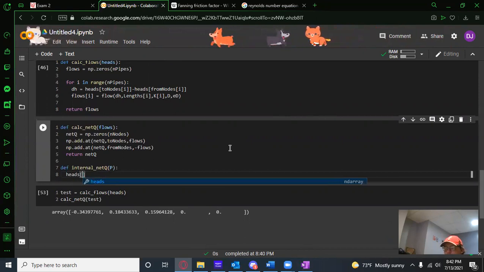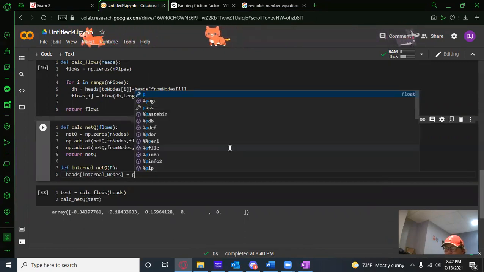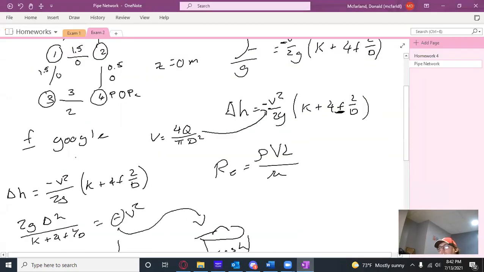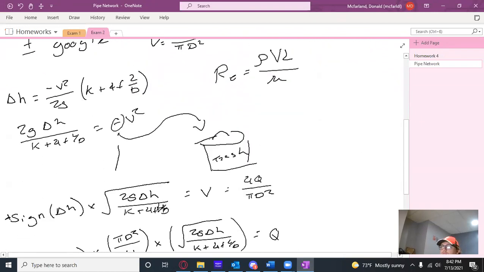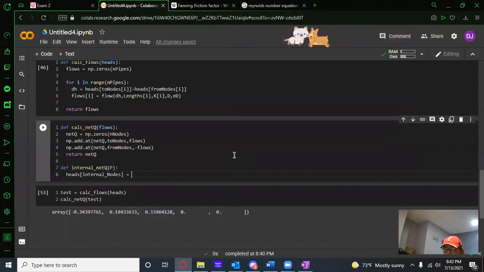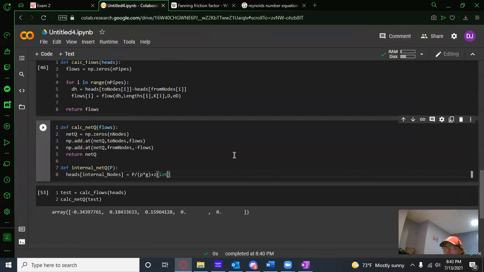So our heads for our internal nodes is going to equal, if we go back to our equation, our delta head is frictional heating over G. So this equation: our pressure over rho G plus C, for the internal nodes.